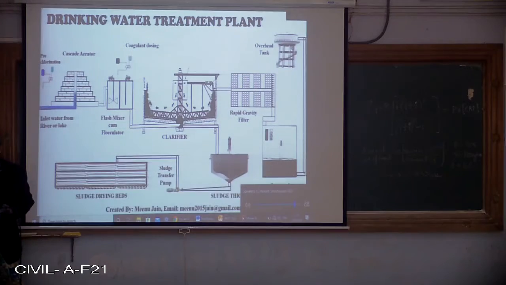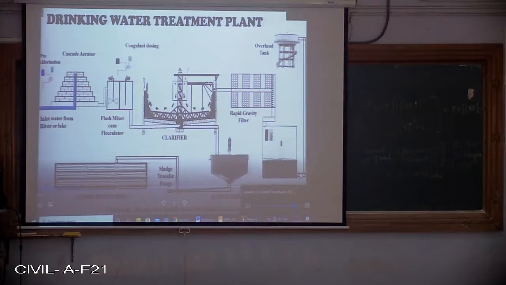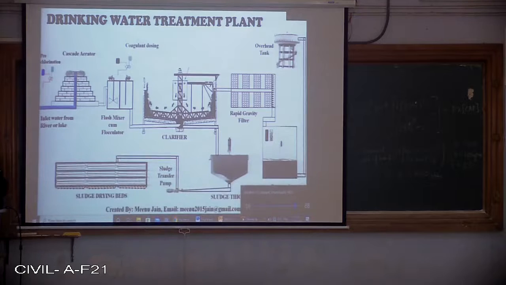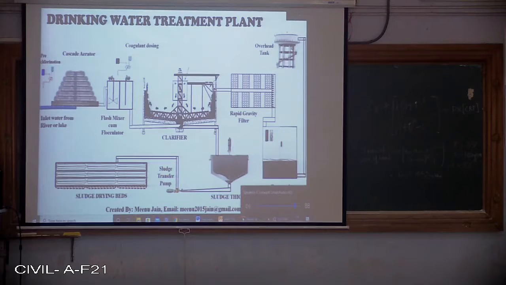Before cascade aeration, pre-chlorination is used for initial disinfection at the starting point. In the cascade aerator, water is allowed to flow downward through a series of steps to aerate the inlet water for imparting freshness, removal of odor, dissolved gases, iron and manganese.